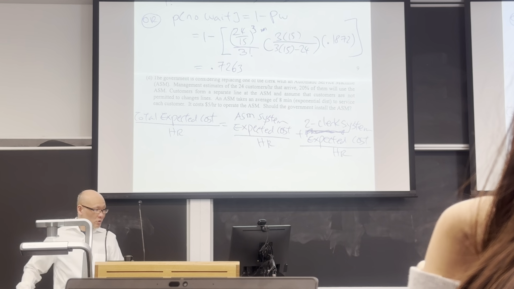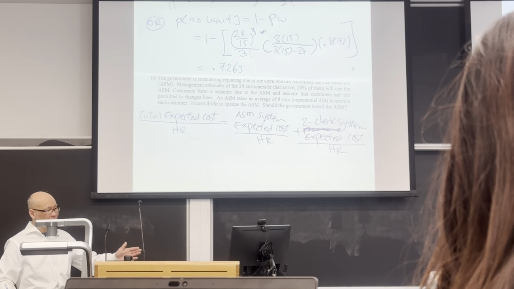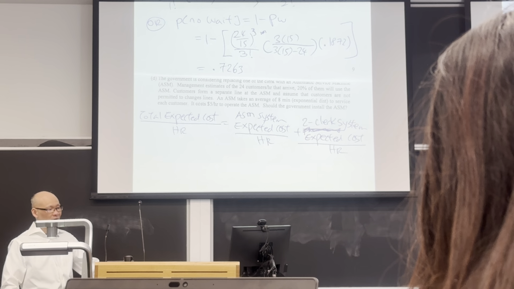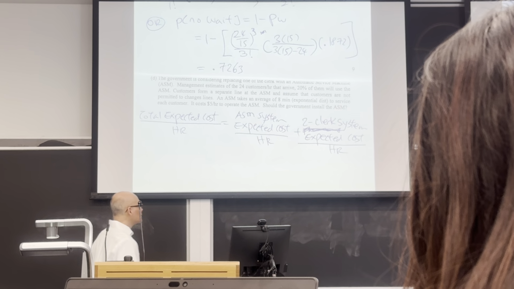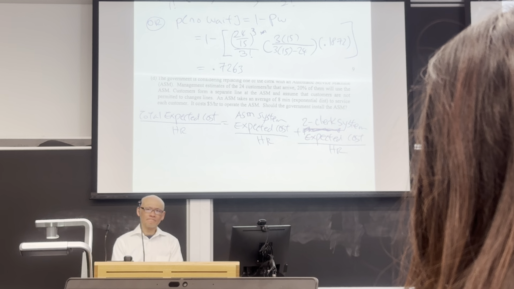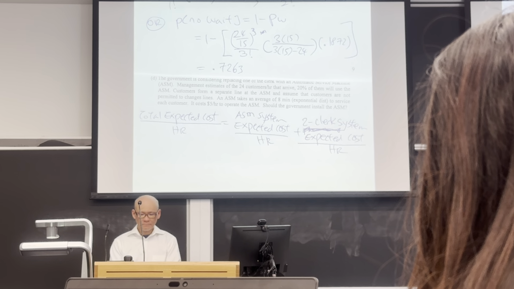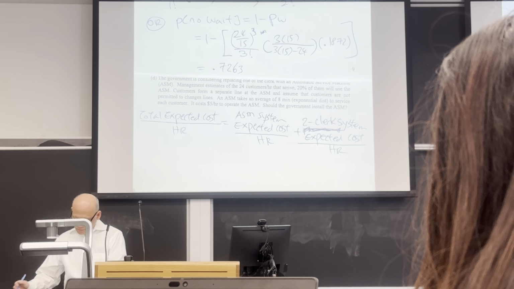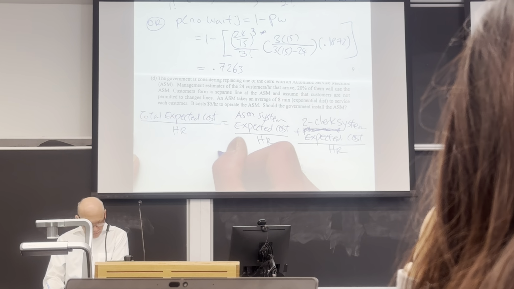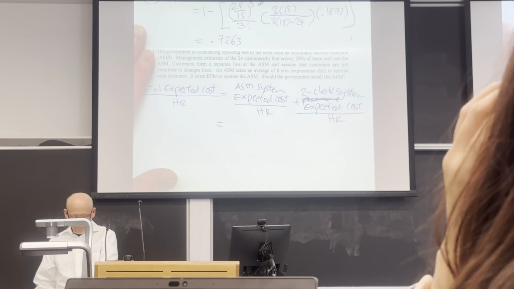Okay, so the total includes the ASM cost, and then you have your 2-clerk system cost. So we will calculate these separately.